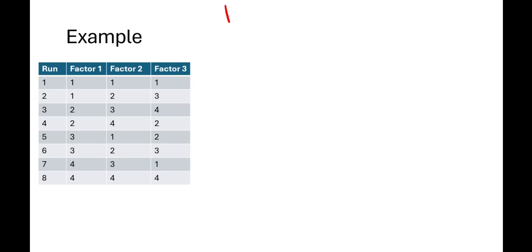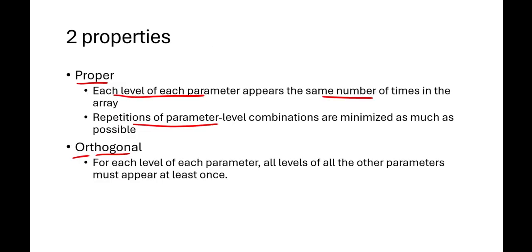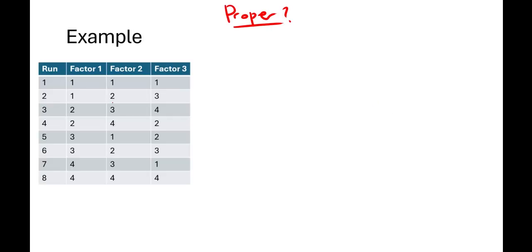So the first thing is that we have to check whether it is proper or not. The first thing for being proper is that each level should appear the same number of times. So let's see. Factor 1, level 1 appears twice, level 2 appears twice, level 3 appears twice, level 4 appears twice.